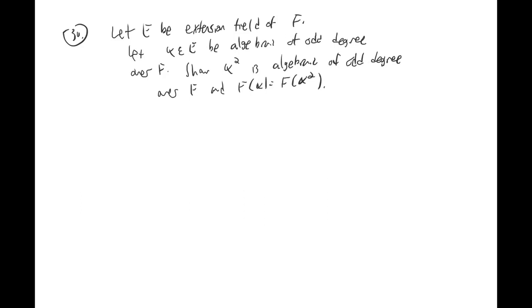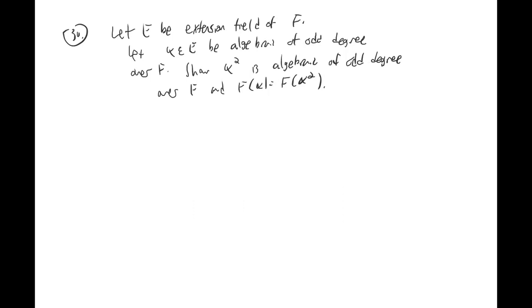So let's do the easy part. Why is alpha squared algebraic? Forget the odd degree part. Why is alpha squared algebraic? Yeah, it's the product of two algebraic numbers, right?